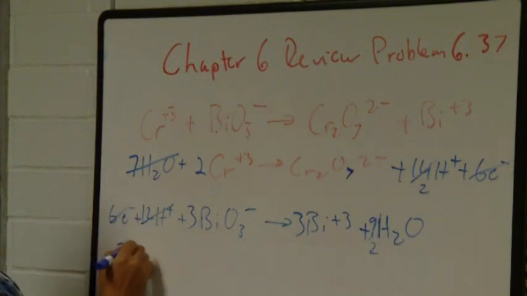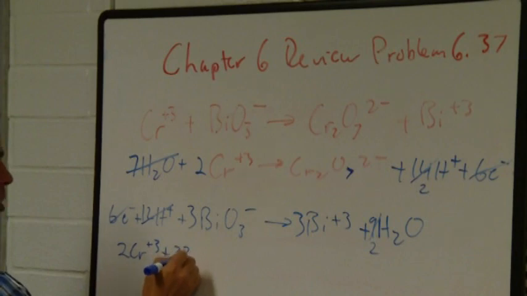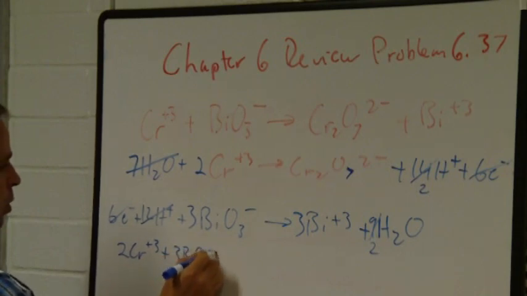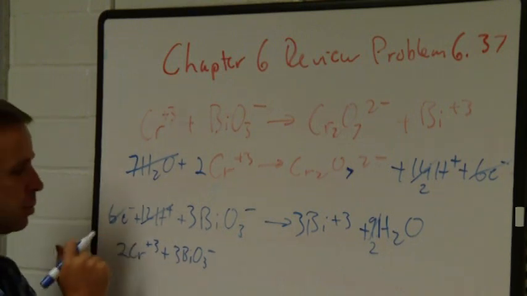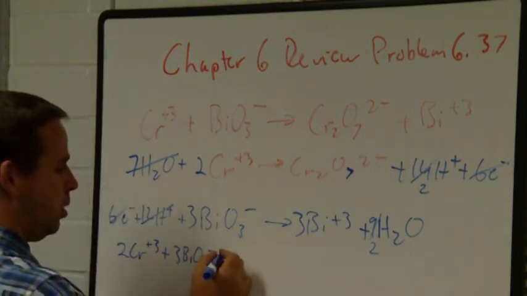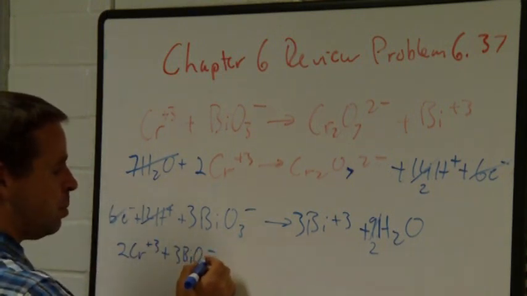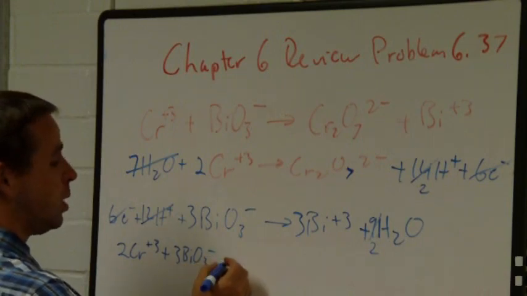So we have 2 chromium ions and 3 BiO3 minus. I don't know if the BiO3 minus is the bismate or the bismite, but it's an ion there. Probably the bismite.